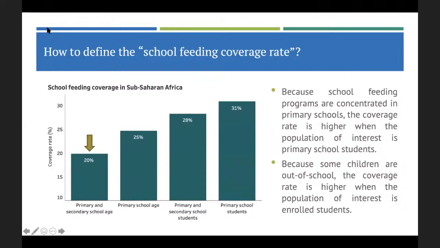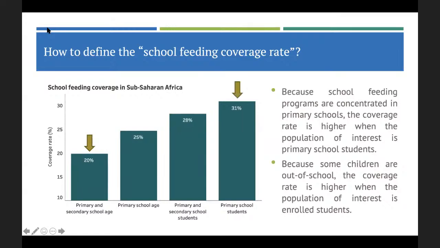In its report, based on the Global Survey of School Meal Programs, the Global Child Nutrition Foundation made a choice to adhere to the most conservative estimate of the school feeding coverage rate. In this case, it would be 20% for sub-Saharan Africa.